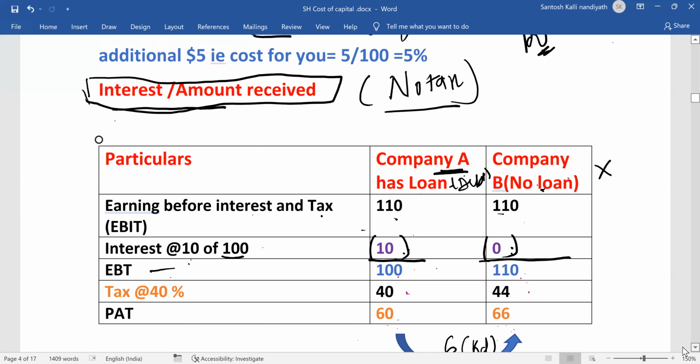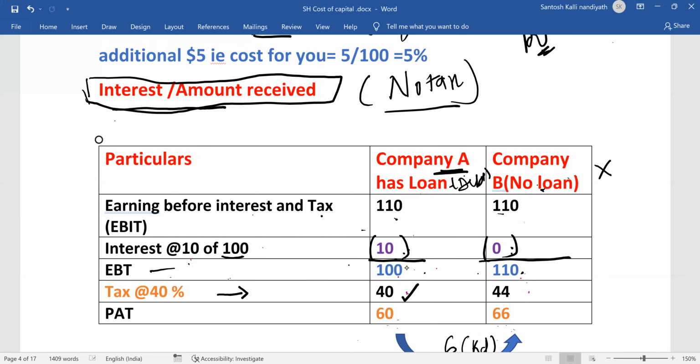Up to here, is it clear or any confusion? You can ask me any question. Can you just repeat the last information? Yes. Earning before tax, you understood how we got it. Then we apply tax. If the company has a tax rate of 40%, then 40% of 100 is 40, they are paying the tax.